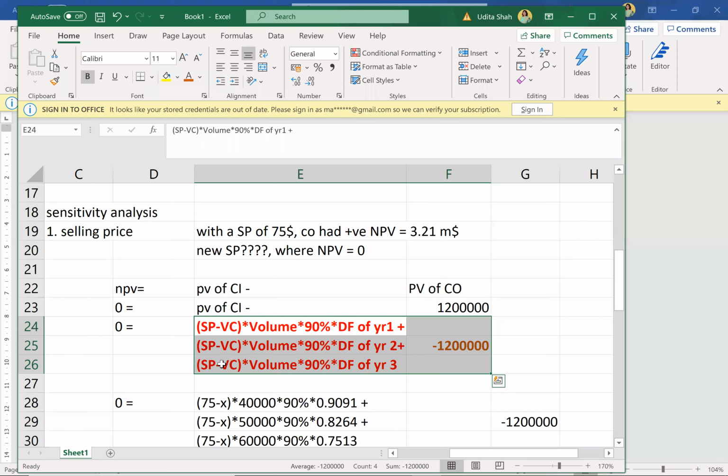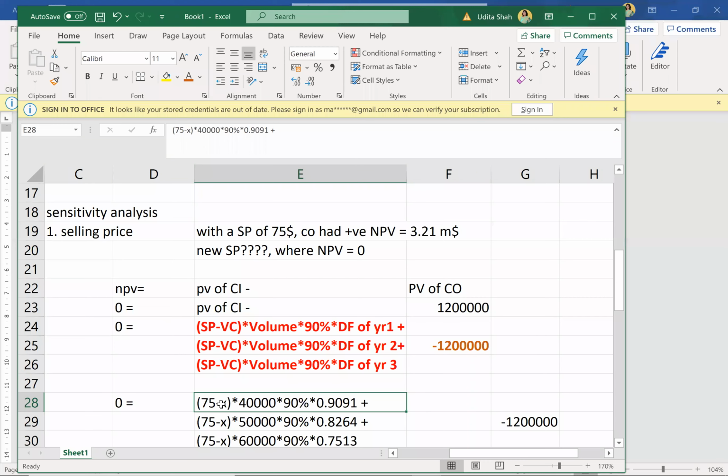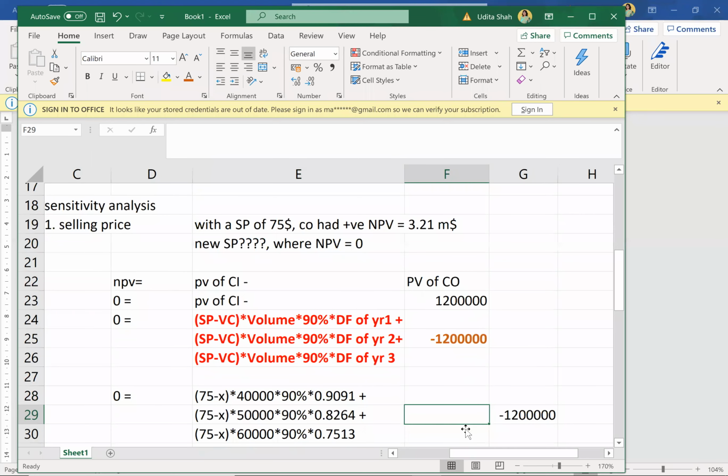And instead of cost, I'll write X. So the previous equation was X minus 35 into so and so. Instead of that, what should I take? Instead of X minus 35, I should take 75 minus X. So instead of X, I'll write selling price, and instead of cost, I'll write X. In the entire formula, you are only going to replace the last part.